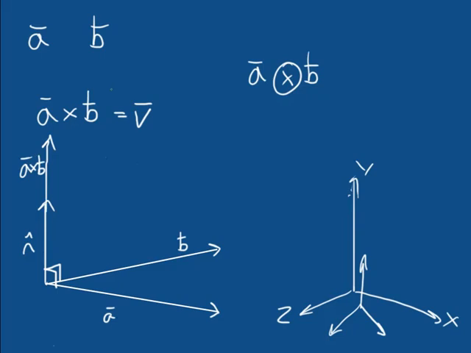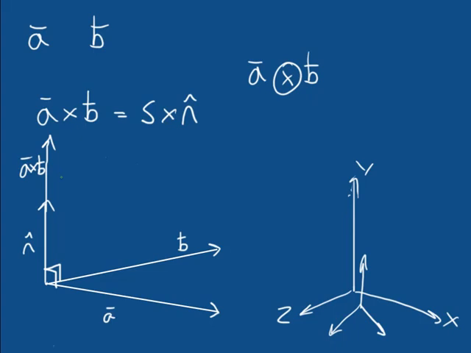So we could actually rewrite our earlier equation of A cross B is equal to V as A cross B is equal to some scalar value s multiplied by our unit vector n, because we know that the result of A cross B is some scaled version of that vector that's mutually perpendicular to A and B, and we know that if we multiply that vector n by a scalar value, we're going to scale up that vector, so some scalar value is going to give us the vector that's the correct length for A cross B. But what is this scalar value that defines the length of A cross B?